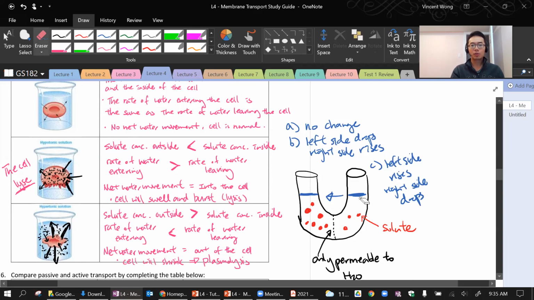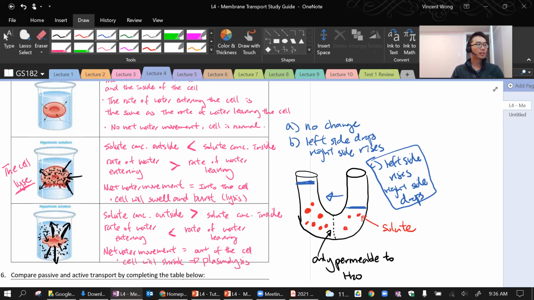So as water moves to the left, this is going to drop down, and this is going to rise up. When that happens, the left side will be less concentrated and the right side more concentrated. So the correct answer is actually C. Does that make sense? Anybody have any question about what this means? Clarification?